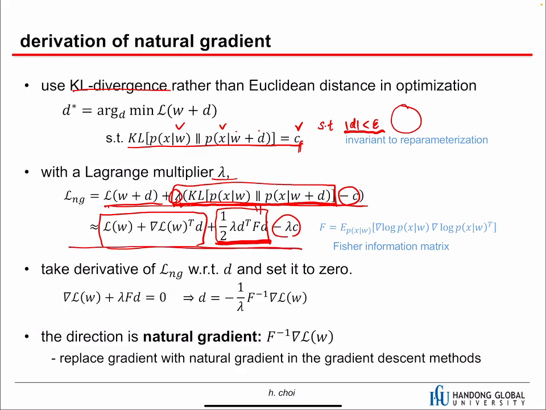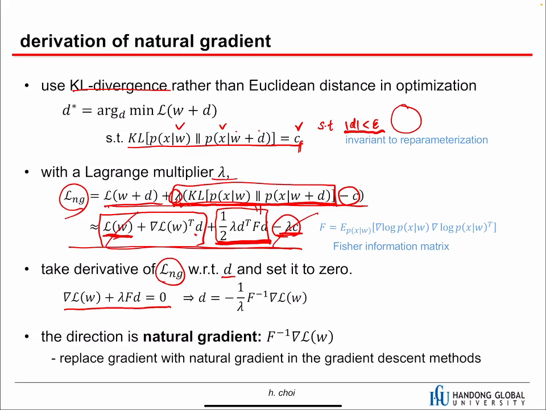Then we can take a derivative of this objective function with respect to d and set it to 0. This one is 0 because we don't have d here. So when we take a derivative, this one will be 0. And this one, when we take a derivative with respect to d, doesn't have a d, so this one will be 0.